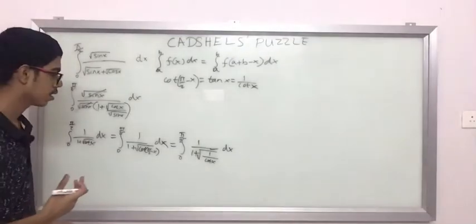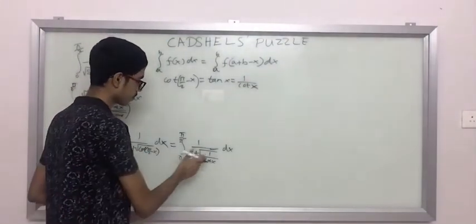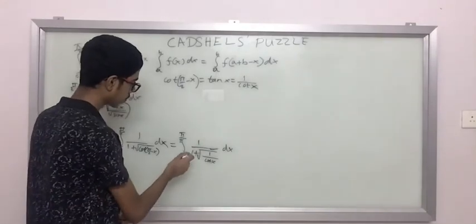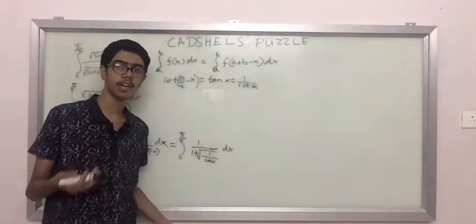Okay, now what can we do? I can multiply the numerator and denominator by square root of cot x.